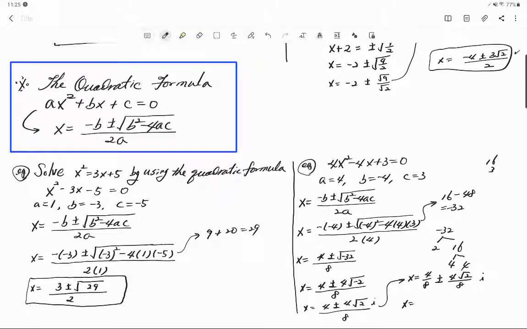So finally, x equals 1 over 2 plus or minus square root of 2 over 2 i. Simplify. Okay, so the solutions are complex numbers: 1/2 plus square root of 2 over 2 i, and the other one is 1/2 minus square root of 2 over 2 i.